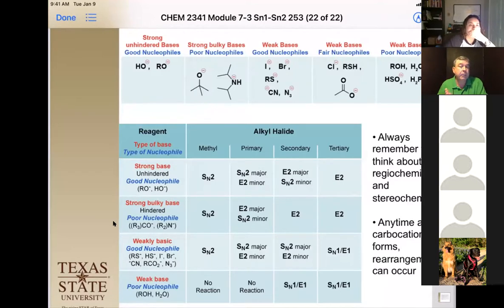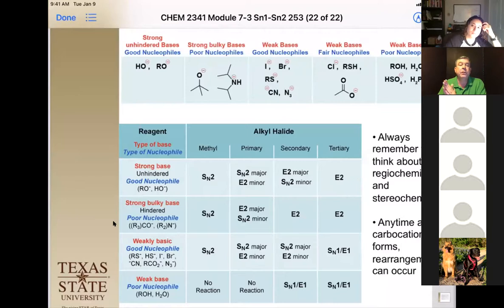When we go to weak bases and they become fair nucleophiles, we're going to see a mixture of products.